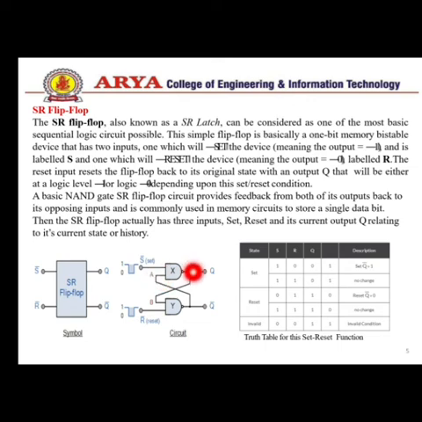So the value is 1, and 1 is connected to this input, and 0 dot 1 bar equals 1. So in this 0 0 condition, the output is 1 1. This is called the intermediate state. We will discuss it in the last slide. Because the value is 1 1, it is also called an invalid condition.